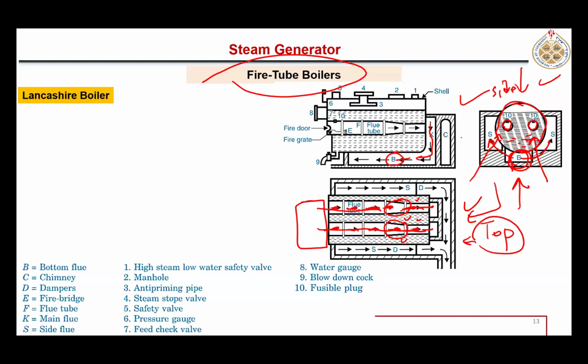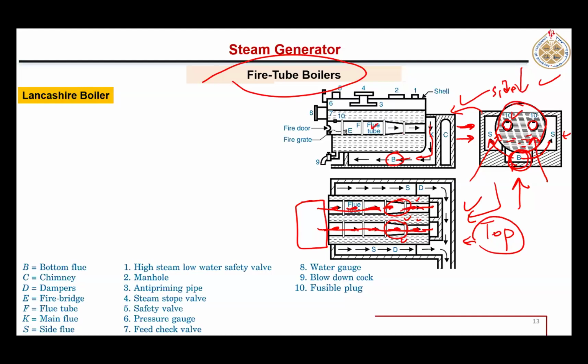If we see this from this side, then the view is like this. From this side, we will see only one fire tube, which is this one. Actually, there are two, but from this side view, we can see only the further one.